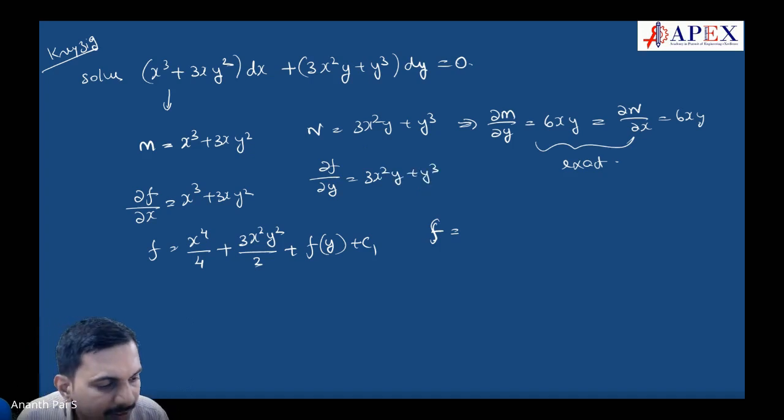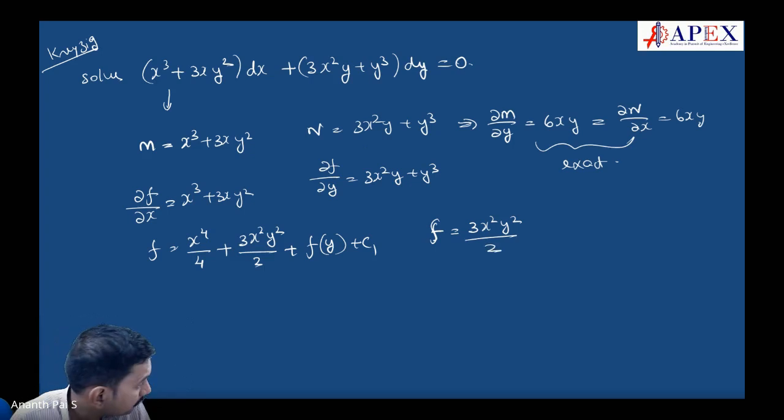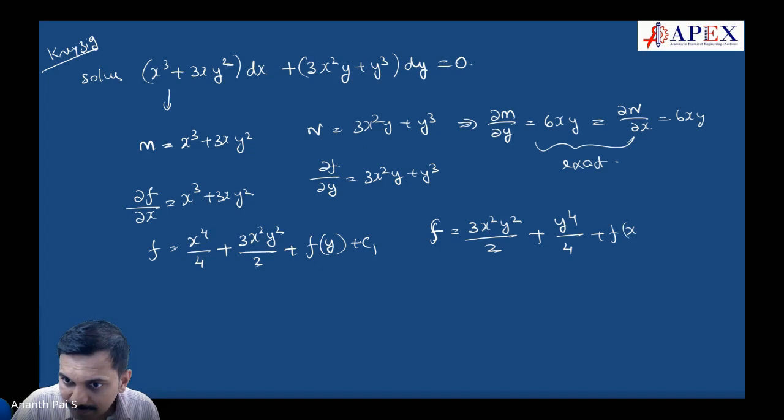So when you integrate this with respect to y, f would be equal to 3x square y square divided by 2 plus y cube integrates to y to the power 4 by 4, correct? Plus f of x plus a constant, let's say constant 2. Make sense?